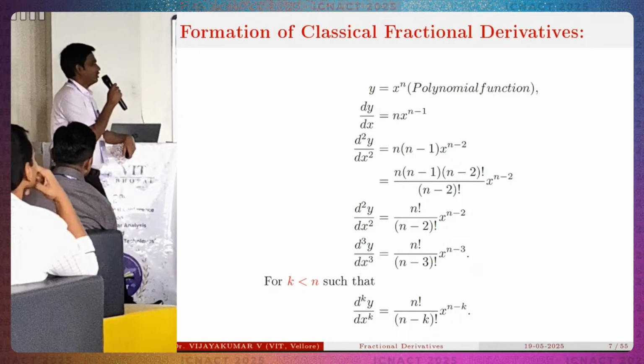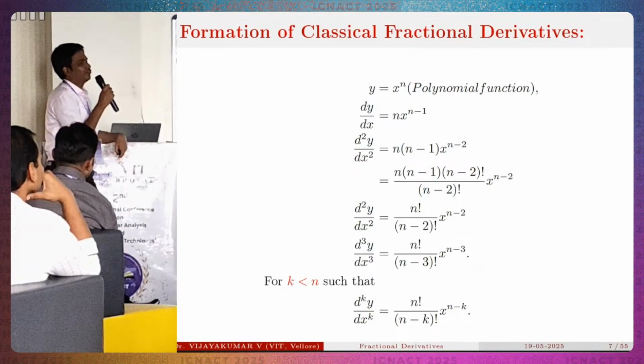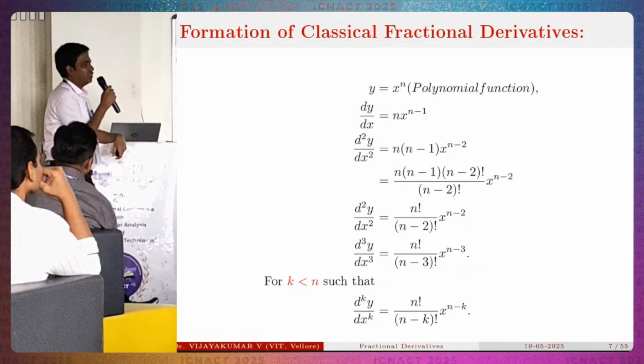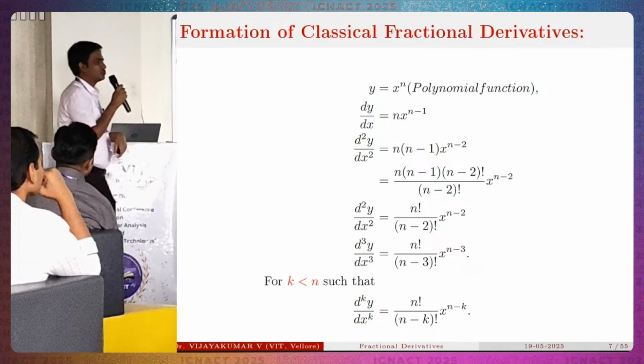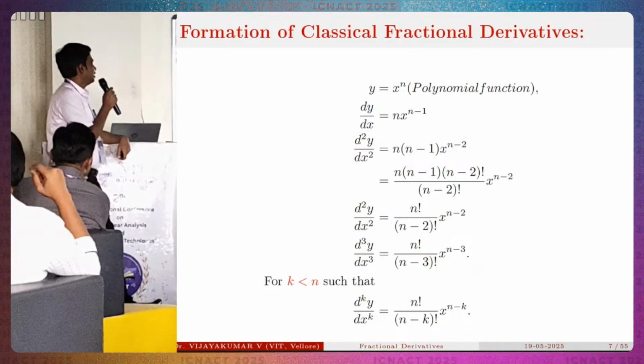We all know very well the first derivative of x power n is n x power n minus 1. Then, using the factorial idea I told you, the second derivative is n into n minus 1 x power n minus 2. I am multiplying and dividing by n minus 2 factorial. Then I am able to write the first factor as n factorial, the denominator is n minus 2 factorial, times x power n minus 2.